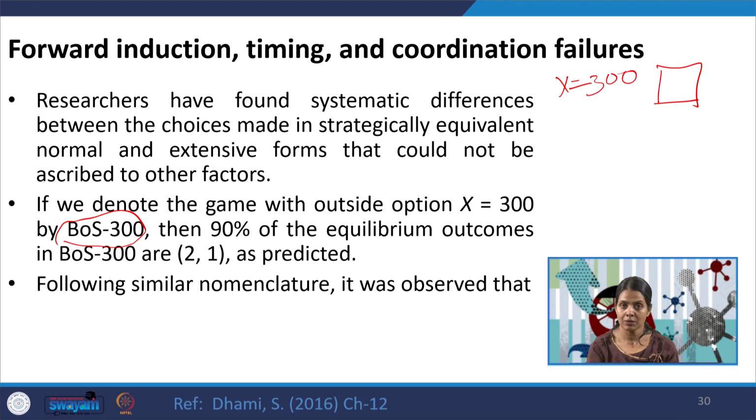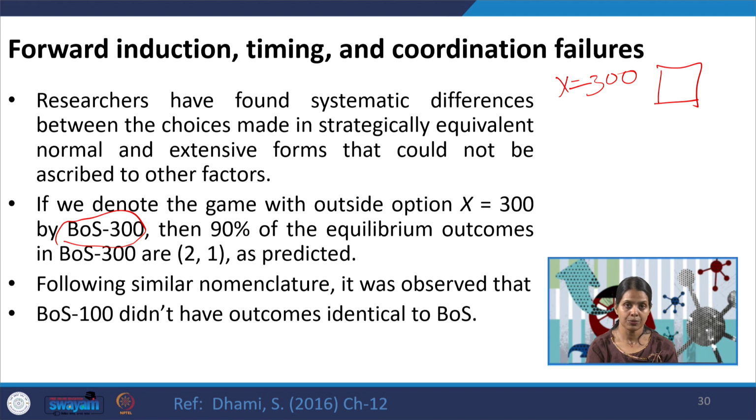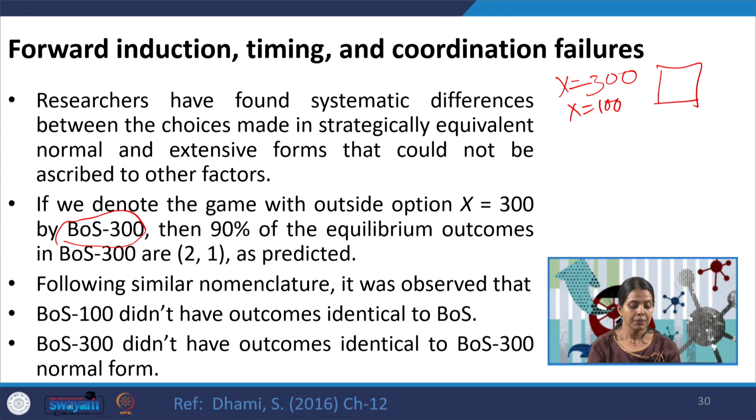But following similar nomenclature, it was observed that BOS 100 did not have outcomes identical to BOS. So, BOS 100 is basically the same extensive form game with x equals to 100. For player 1, as the first strategy, the second strategy is to play BOS.